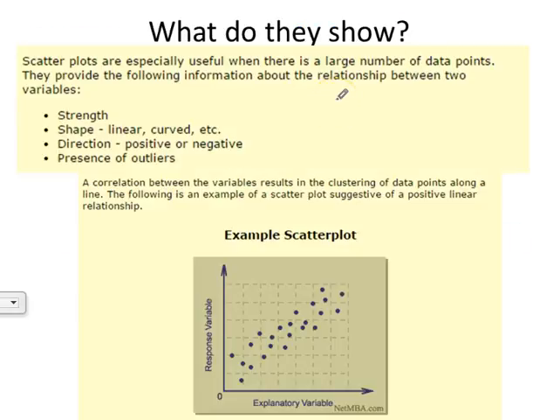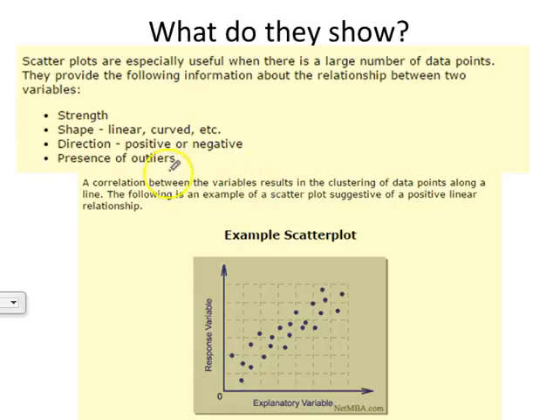So scatter plots, what do they show us? Scatter plots are especially useful when there's a large number of data points, because it helps us look to see if there's a relationship. It gives us a good visual if there's a relationship between the two variables. So we can look at the scatter plot to see if there's a strength between the two data points, and we're going to talk about this correlation.